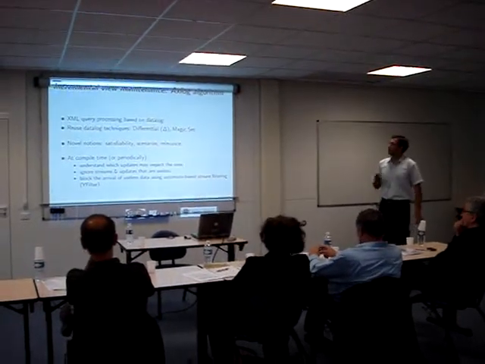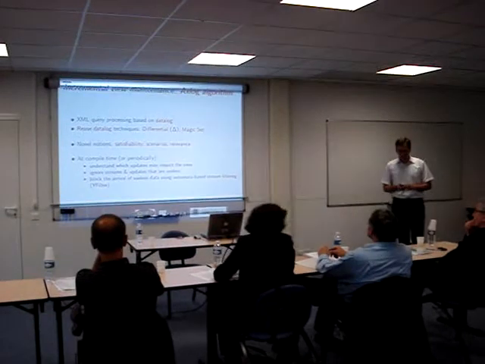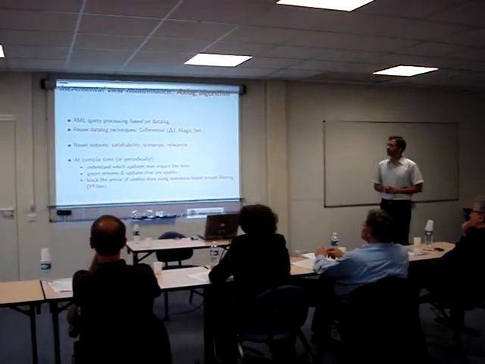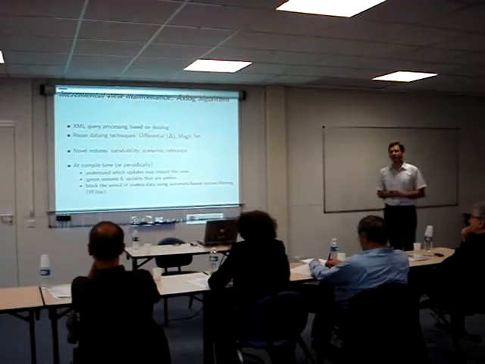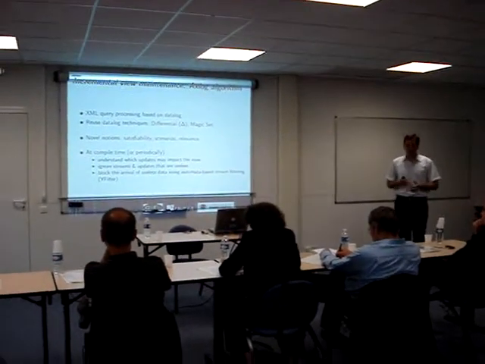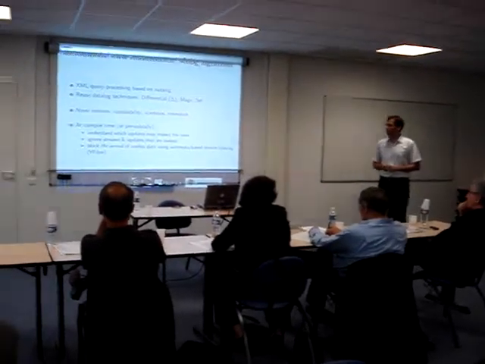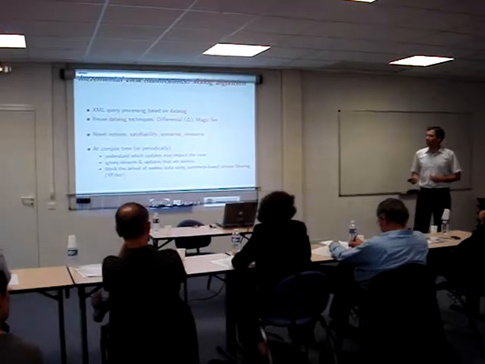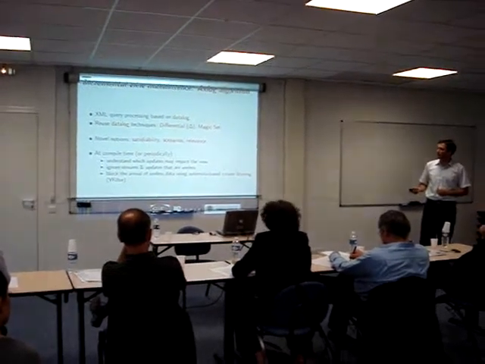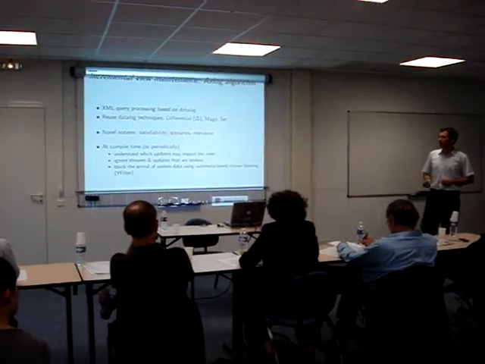Okay, so we have an algorithm that is Axlog. It uses techniques of Datalog for XML query processing. It uses differential, that is a technique that avoids recomputation of relational views. It uses magic set, and it also uses novel notions like satisfiability, scenarios, and relevance. And I'll talk about them right away.